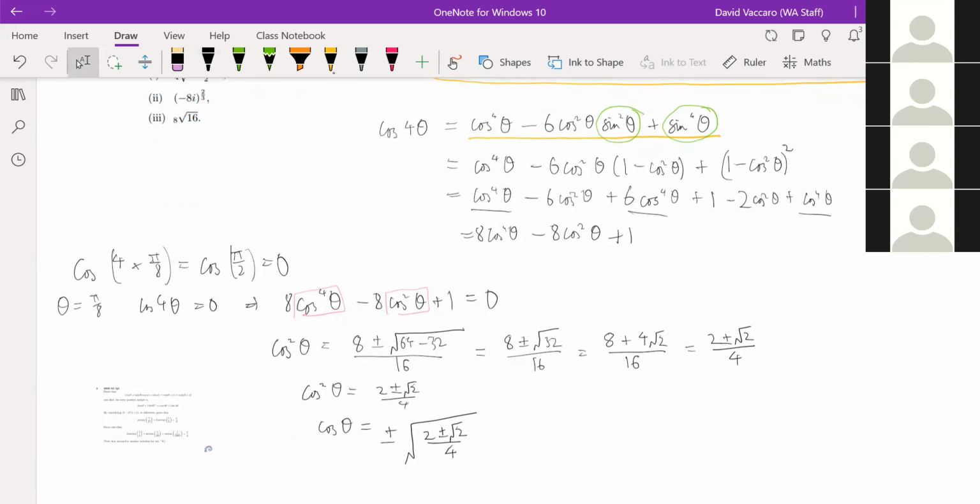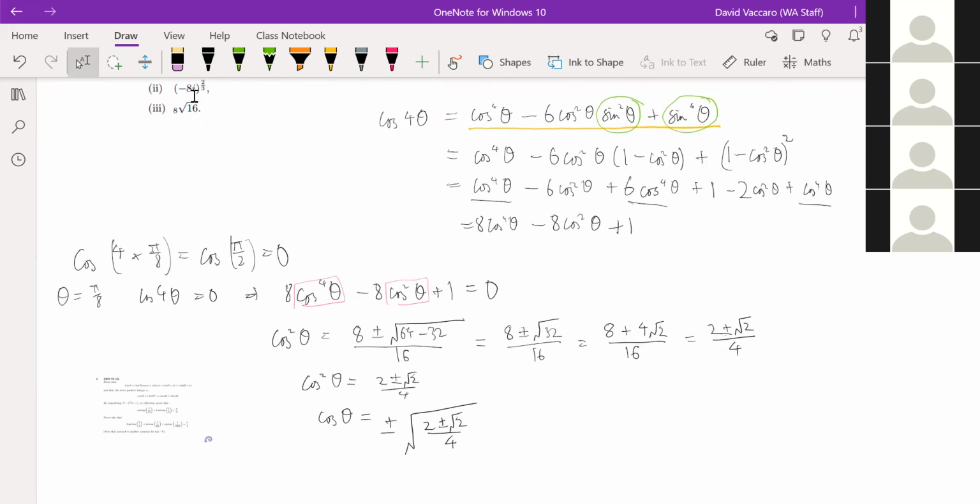Okay, so we know that cos pi over 8 is one of the 8 possible arrangements of the plus or minus signs. So which one of them is cos of pi over 8? What we've really solved for is the values of theta when cos 4 theta equals 0. If cos 4 theta equals 0, that means that 4 theta equals pi over 2 plus some complete revolution, or minus pi over 2 plus some whole revolution.